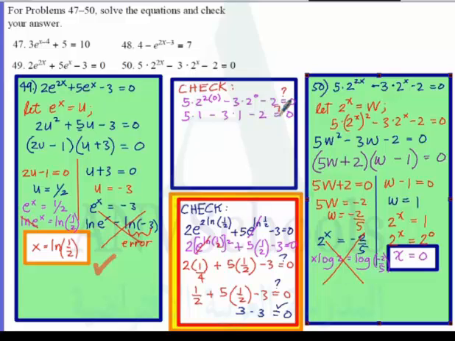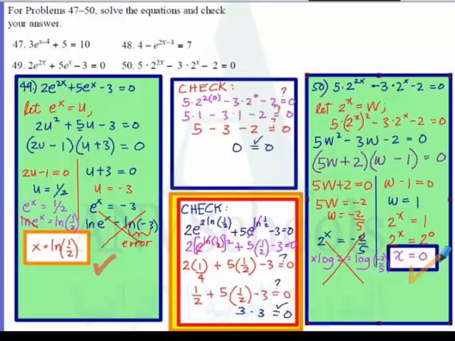It seems so. Okay. Now 5 times 1 is just 5. 3 times 1 is just equal to 3. Minus 2, is it equal to 0? Okay, we're getting there. So 0 is equal to 0, right? Therefore, this serves as the only real solution for the equation in number 50.